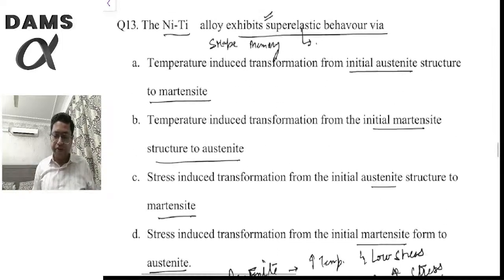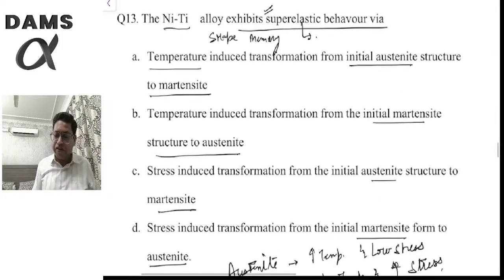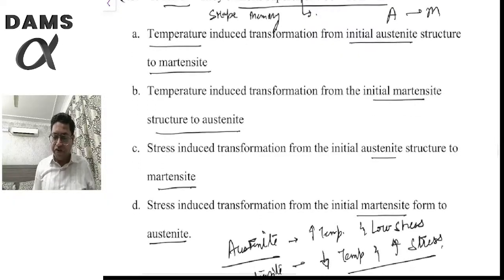Now, temperature-induced austenite to martensite or stress-induced austenite to martensite. Options B and D are ruled out because the question is asking about superelasticity. B and D are related to the property of shape memory. Now, what is true out of A and C?